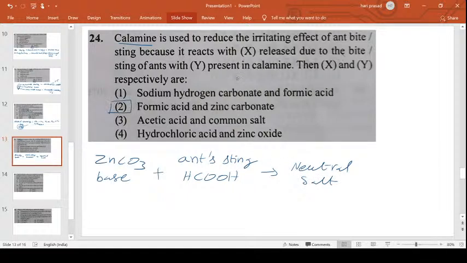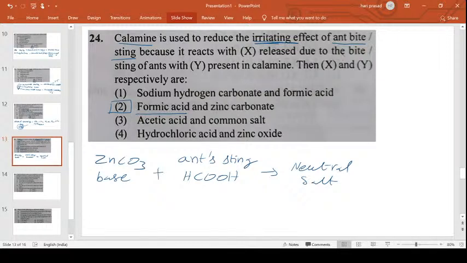This ant sting contains formic acid. Because of this acid we get pain and irritation. How to prevent this irritating effect?